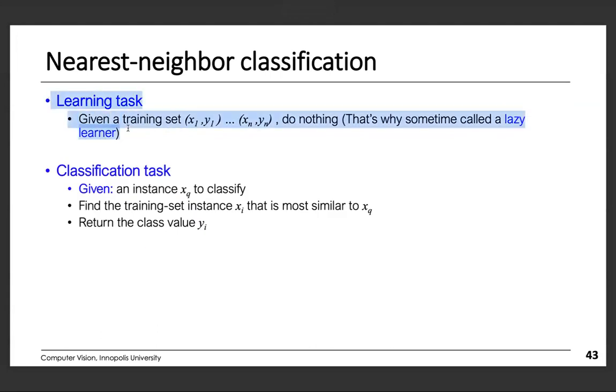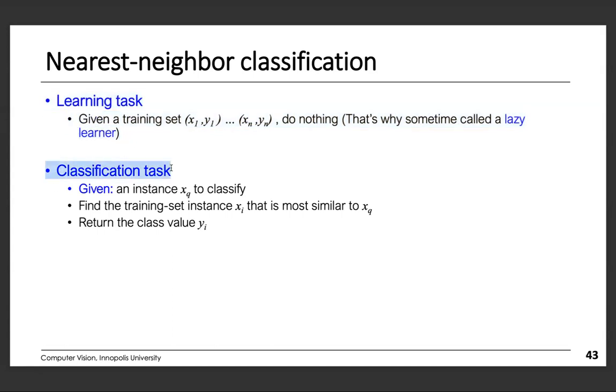Unlike, for example, SVM or decision trees, where it will build a decision tree, or logistic regression, where it will try to find the coefficients, KNN is not going to do any of that. It's just going to save the data set as it is.